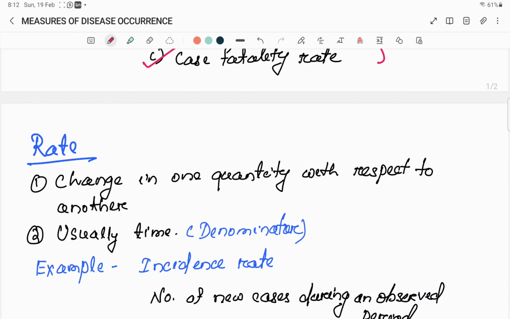Rate is usually measured as change in one quantity with respect to another, and the other quantity is time. In this, time is usually the denominator. In the true sense, only incidence rate is a rate, which we can say is the rate at which cases appear in a population.